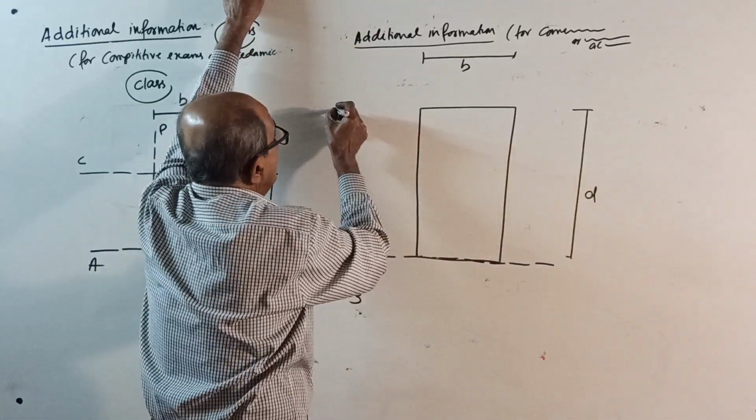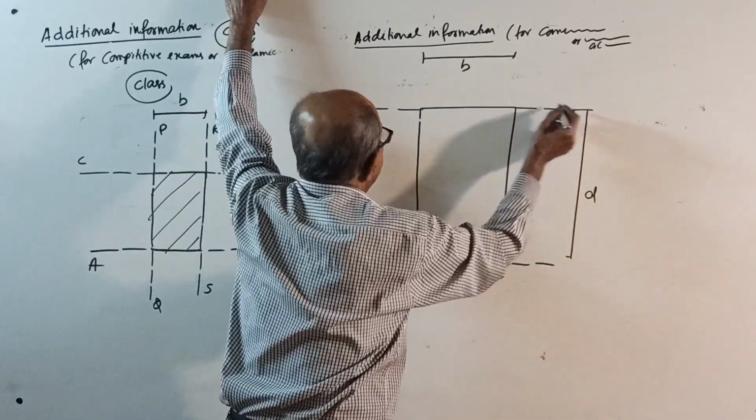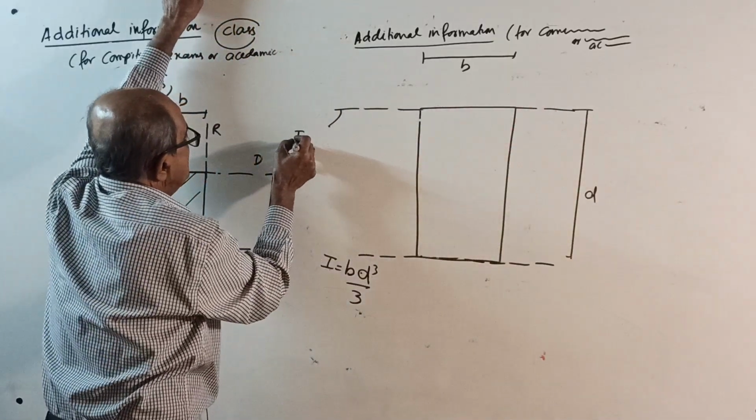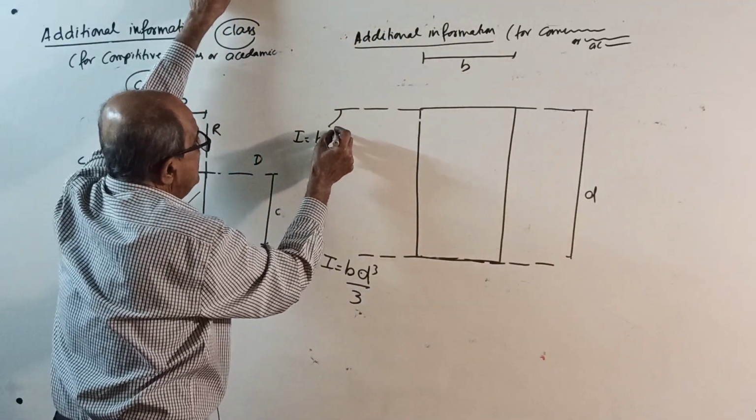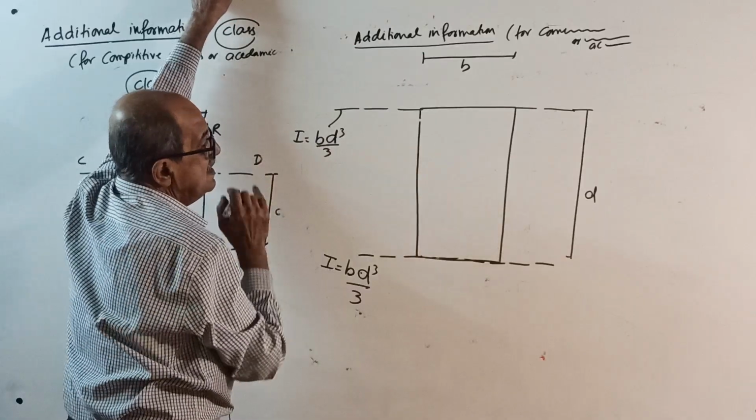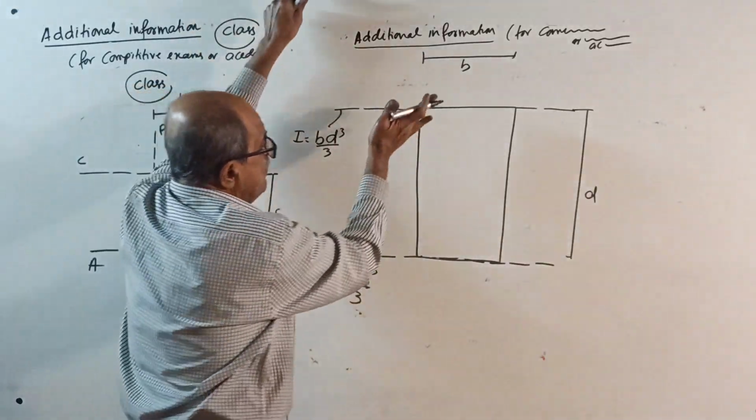Same way, if you want I about this axis, again side parallel, B into D cube divided by 3, for either the top edge or bottom edge.